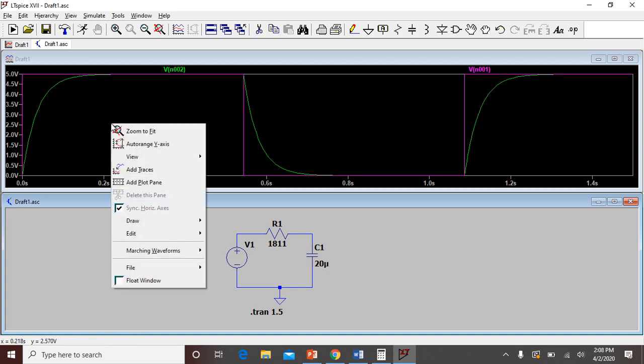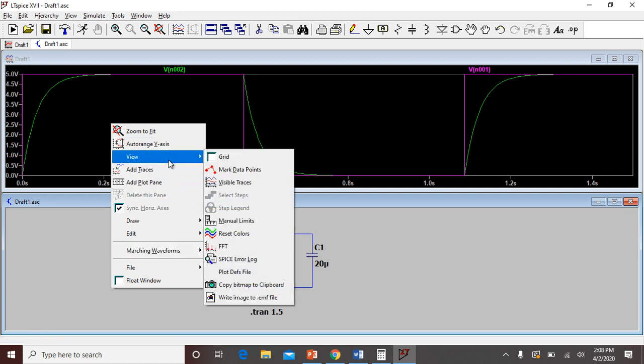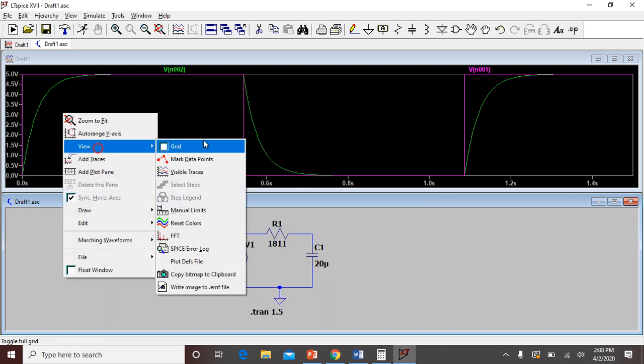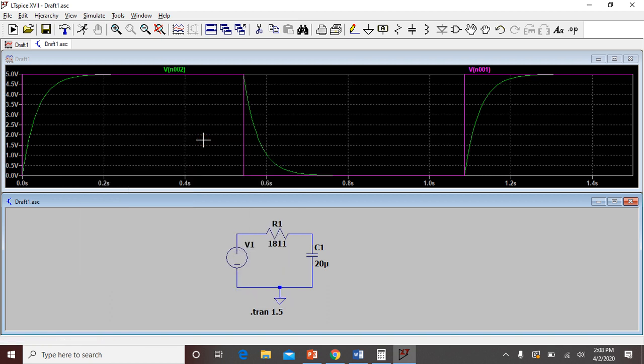For that, I'm going to turn on the grid. Right click on this graph and then view grid. Now the grid is turned on. Now I'm going to pan a particular amount of area, because I'm only interested in knowing the value of time at 3.18.